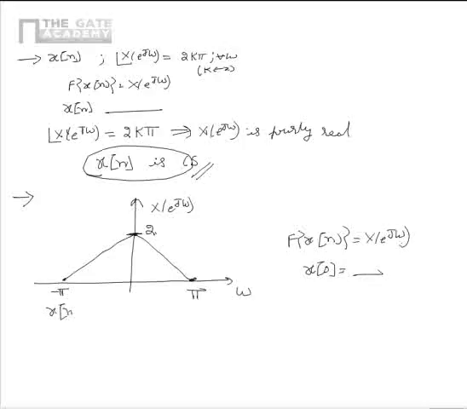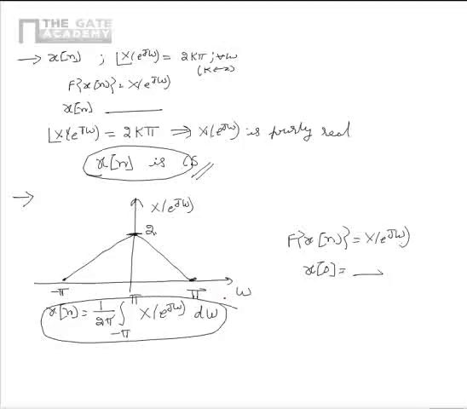We know that x of n is equal to 1 by 2 pi integral from minus pi to pi of x of e power j omega d omega. This is the synthesis formula to get x of n from x of e power j omega. The integral of x of e power j omega d omega is the area of x of e power j omega with the omega axis.